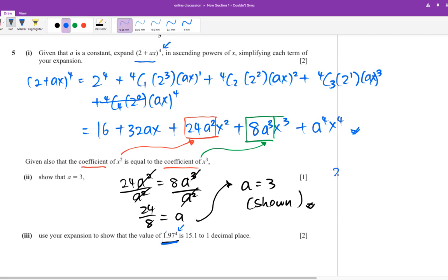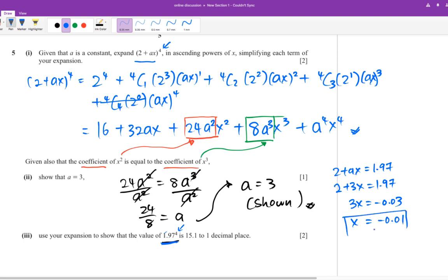So I will do something like 2 plus ax equals 1.97. Right, and then power of 4 I will ignore because both of them have power of 4. The next thing is I have the a, so I will substitute my a into it, which is 3x equals 1.97. So 3x will equal negative 0.03. So x should be negative 0.01.